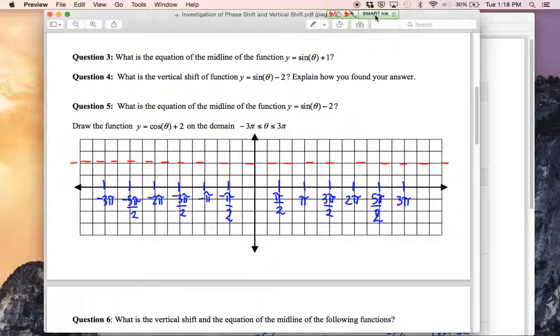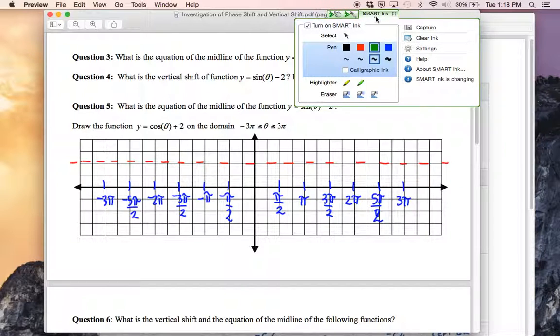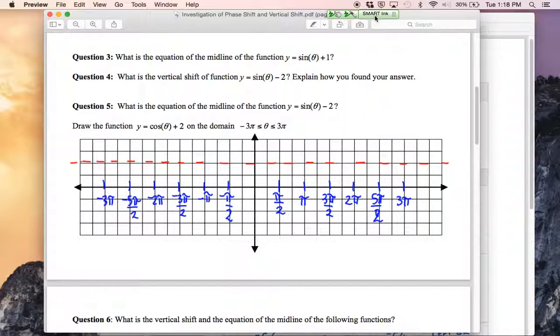My amplitude is 1, so I'm going to go ahead and draw in my function. Cosine starts 1 unit above the midline. So normally it starts at 1, but because there's a vertical shift here, it's going to start at 3.